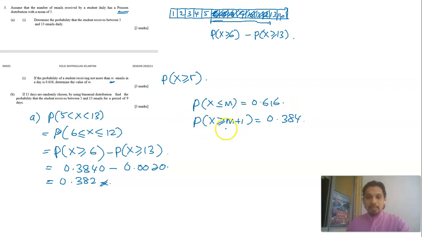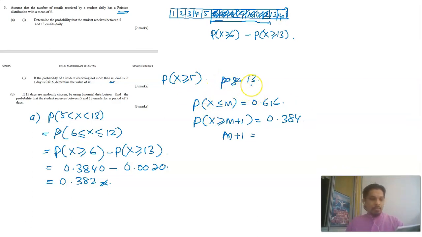So then for this one here, where M plus 1 equals 0.384, Poisson. Okay, if you have this book with you right now, turn to page 13.